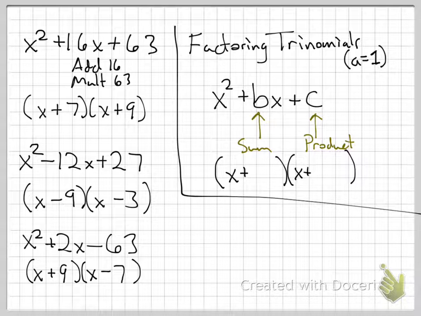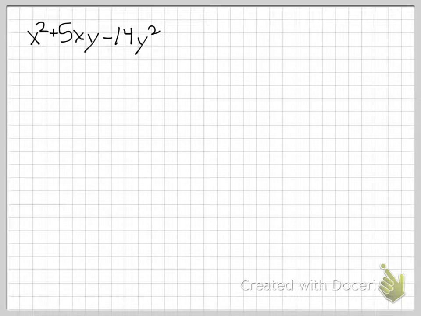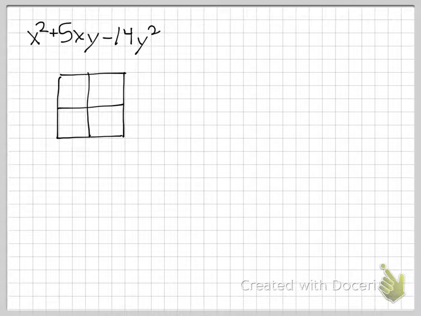What I can do is add some variables. We'll go new screen here. Hold on. Now to make sure we understand when we have two variables involved, I'm just going to draw that box again as if I'm multiplying. We still put the x squared in the top left.